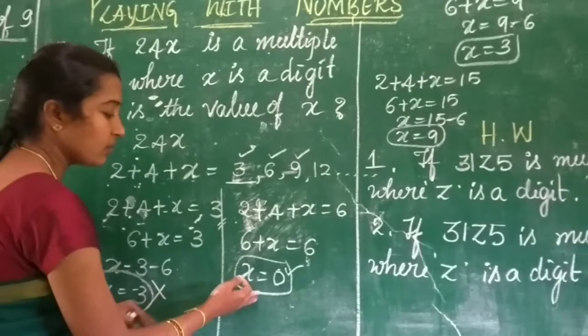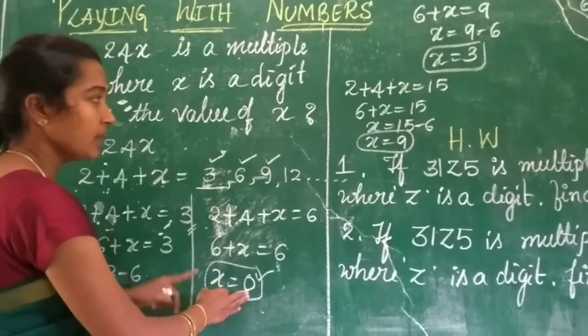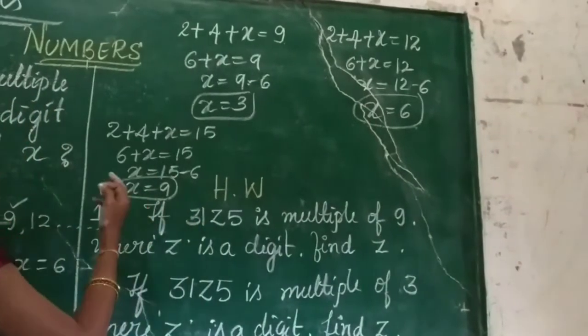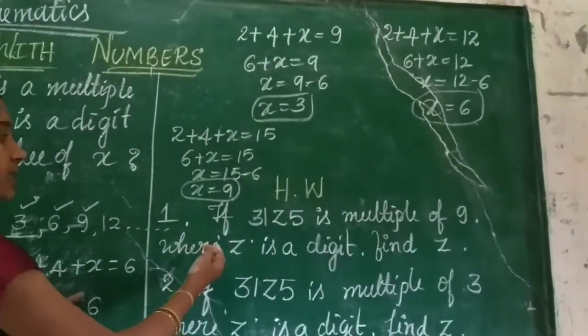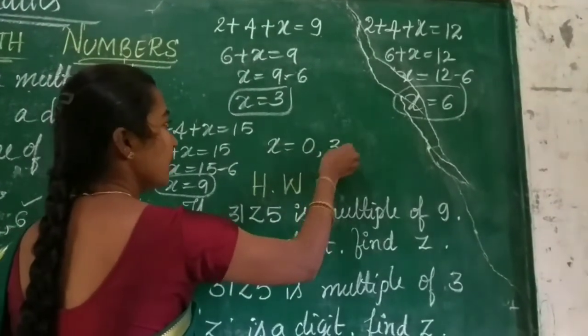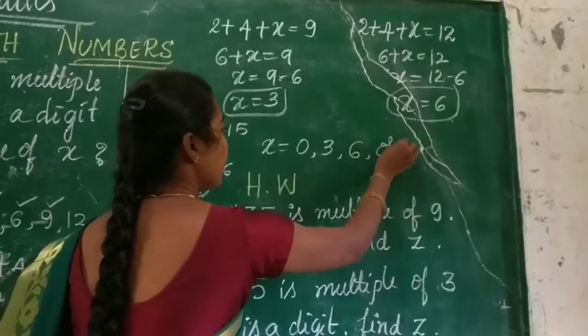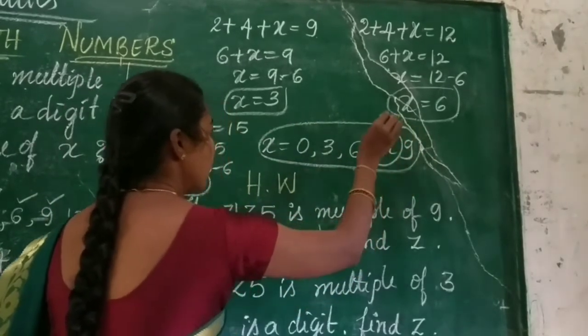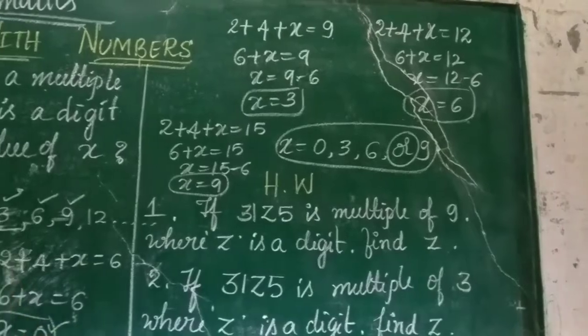The values are 0, and the next values are 3, 6, 9. For this problem, the x value is 0, 3, 6 or 9. These are the values suitable for our number.